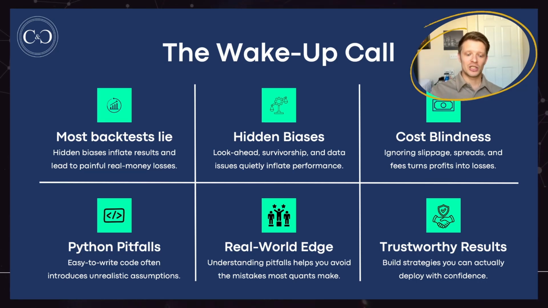Another known issue is Python. With the introduction of all those code assistants and LLMs writing code for people, it is very easy to write your own backtesting code. But most of the time, that code is not very stable and it introduces unrealistic assumptions. In the real world, that's not how it works.